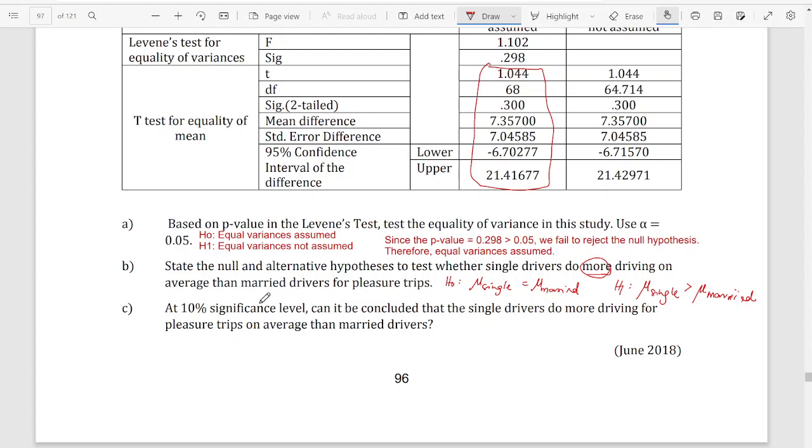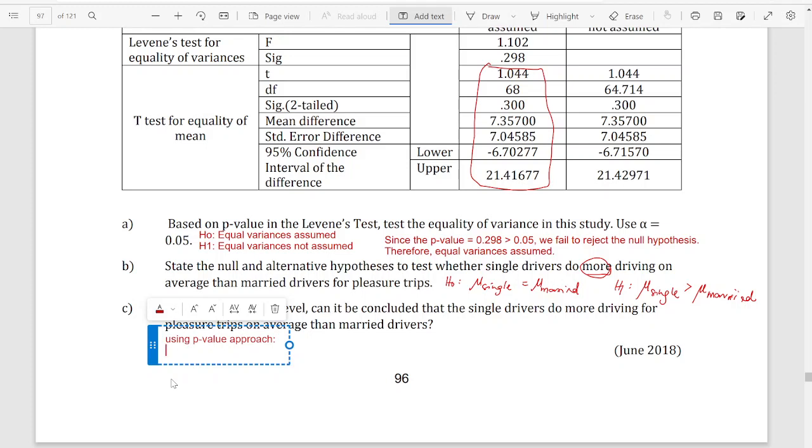So if you are using the p-value approach, okay, if you are using the p-value approach, first of course you can write down the hypothesis.